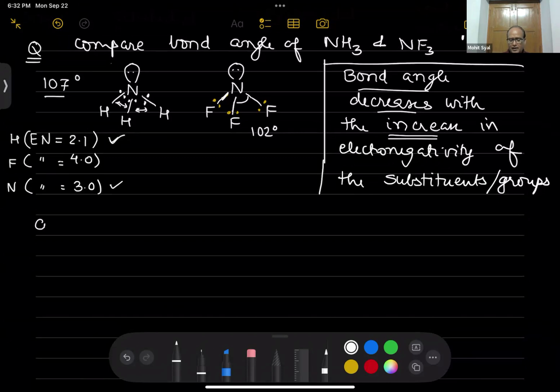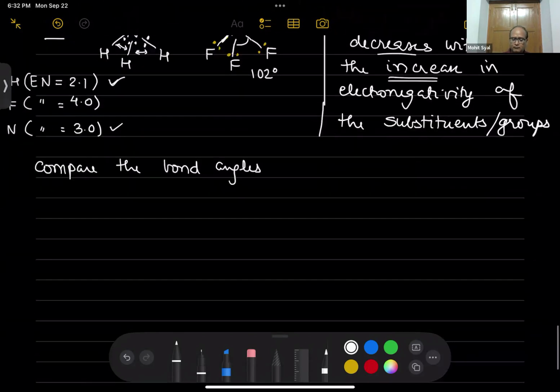Compare the bond angles of these. They are one below another, so they have the same number of valence electrons.